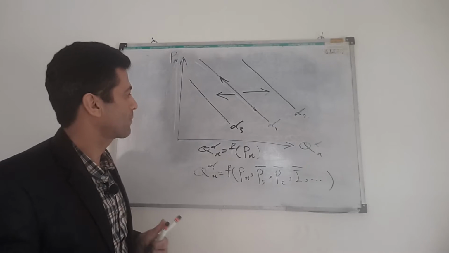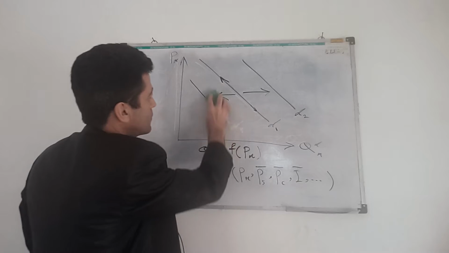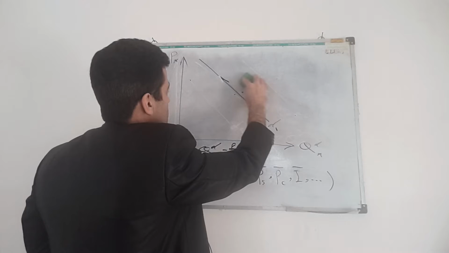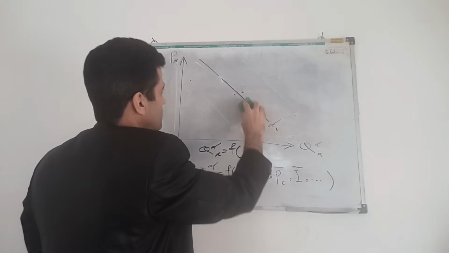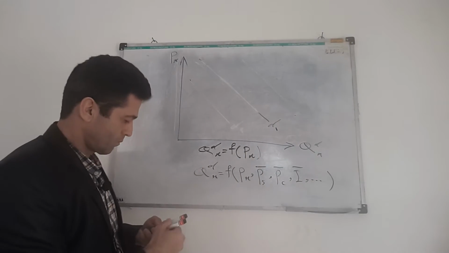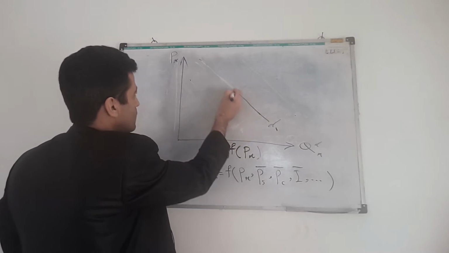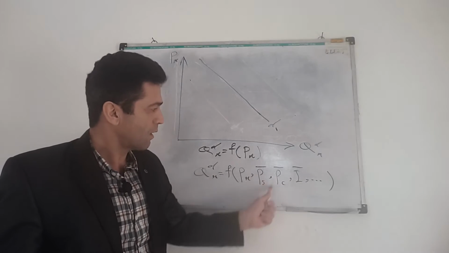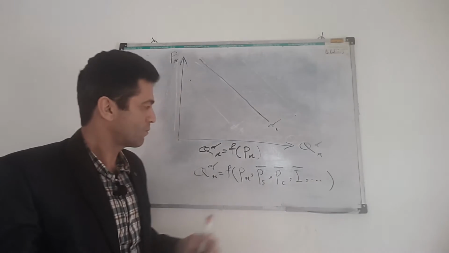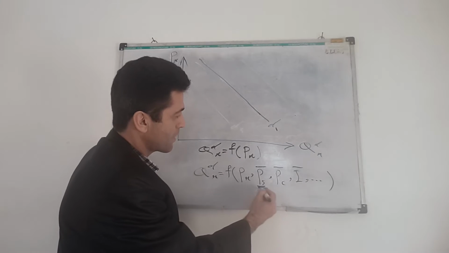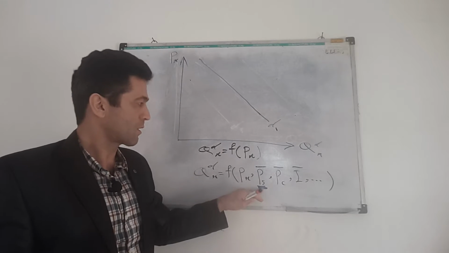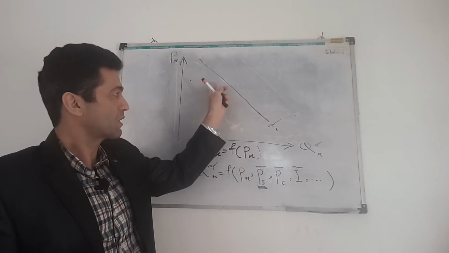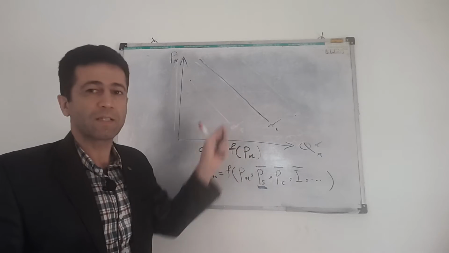Okay. We hold other factors constant. For example, the price of a substitute good is constant when we want to graph this demand curve.